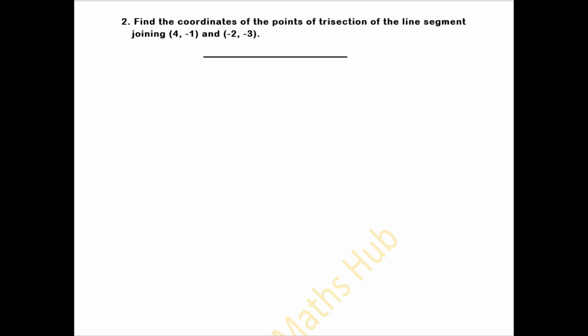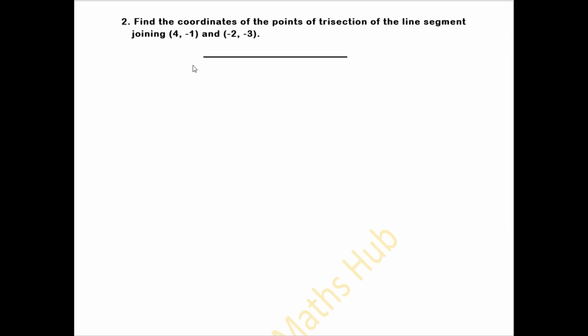Now moving to the second question of the exercise. Very important question. Find the coordinates of the points of trisection of the line segment joining 4, minus 1 and minus 2, minus 3. What do you mean by trisection?